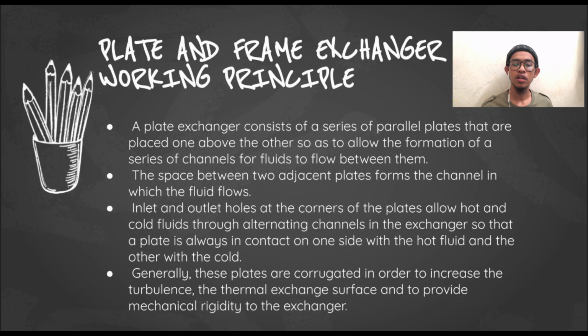Inlet and outlet holes at the corner of the plates allow hot and cold fluid through alternating channels in the heat exchanger, so that a plate is always in contact on one side with the hot fluid and the other side with the cold. Generally, these plates are corrugated in order to increase the turbulence, the thermal exchange surface, and to provide mechanical rigidity to the exchanger.